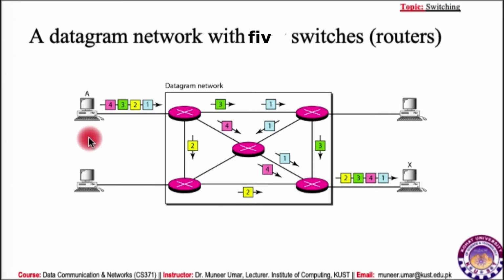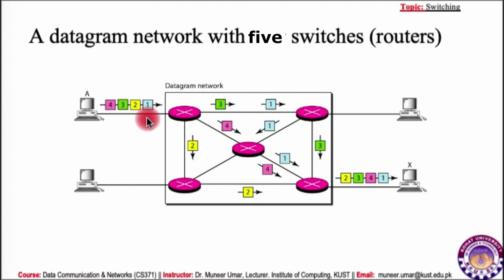We have an example figure for a datagram network. In this example, we have four packets which need to be transmitted by the source node A to the destination node X. These four packets belong to the same message, but they may travel through different paths to reach their destination.